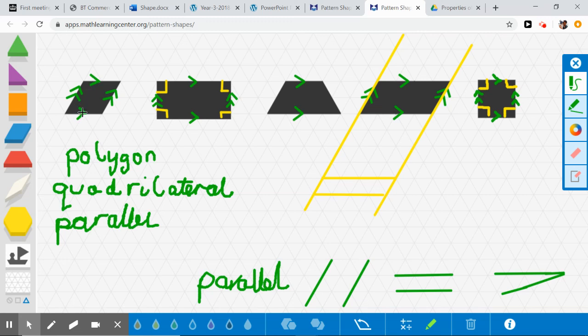However, opposite sides are parallel. Then we move over to the parallelogram, which is like a rectangle that's falling over. Opposite sides are parallel, doesn't have any right angles. Opposite sides are also the same length. And then we've got the trapezium. No right angles, and it only has one pair of parallel lines.